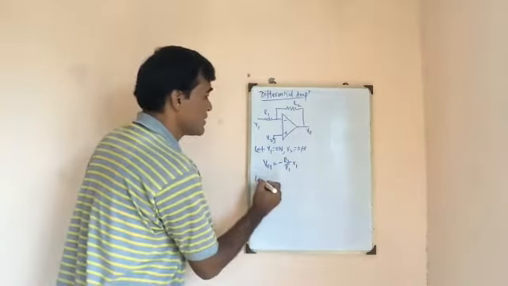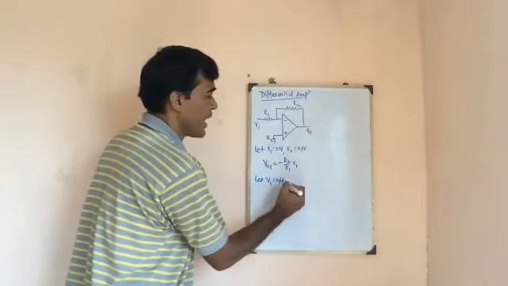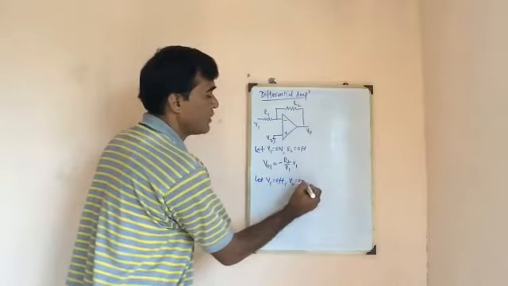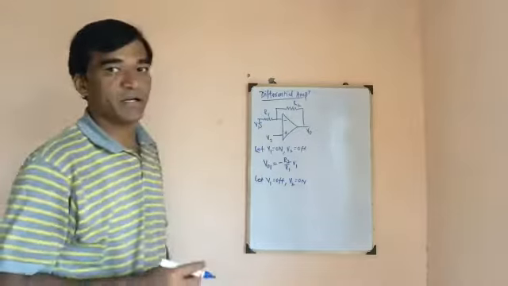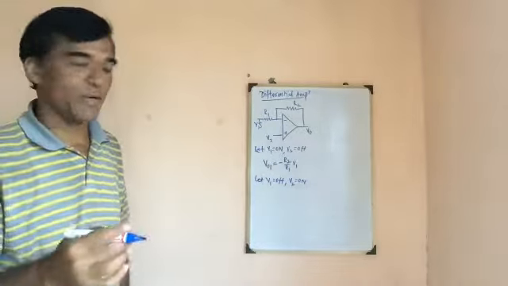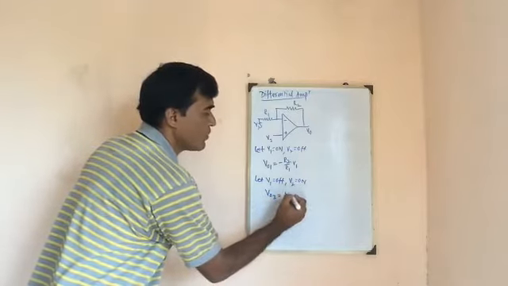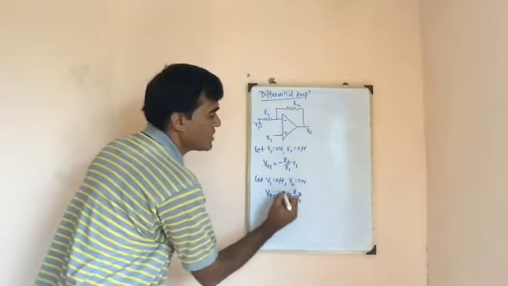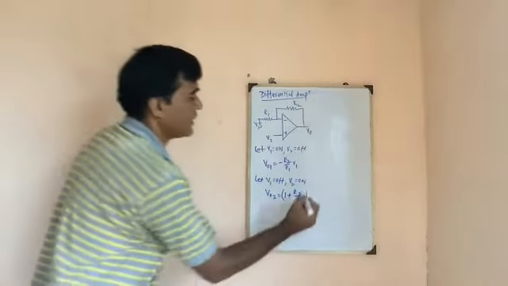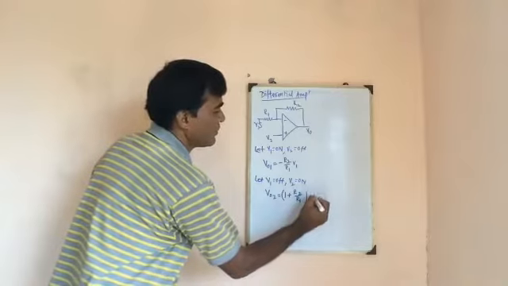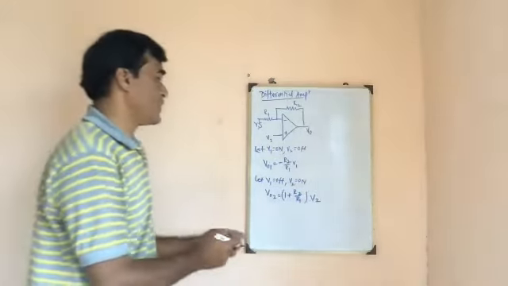Similarly, in the second case, when I keep V1 off, that is V1 is 0 and V2 is on, the circuit becomes something like this, which is nothing but a non-inverting amplifier. And we know that for a non-inverting amplifier, output voltage is equal to 1 plus R2 divided by R1 into V2. This is the output voltage when V2 is on.